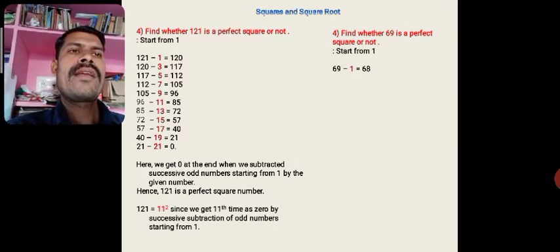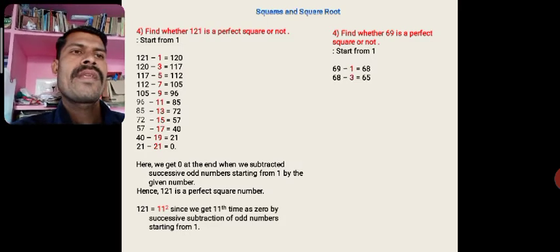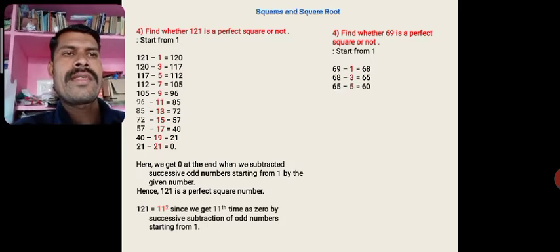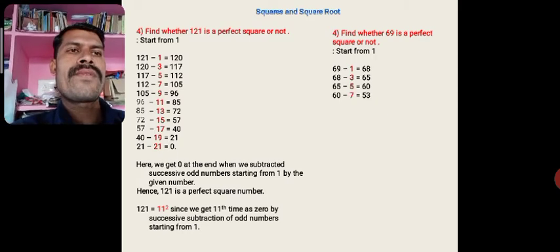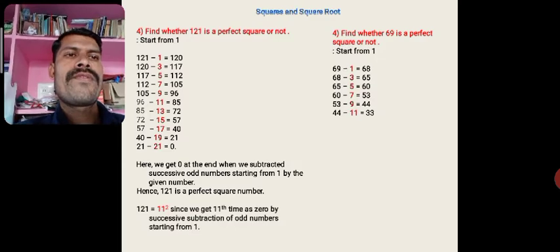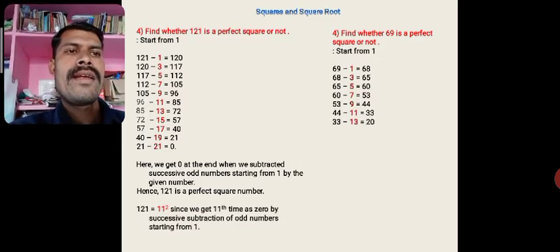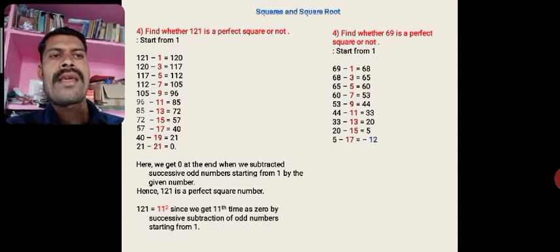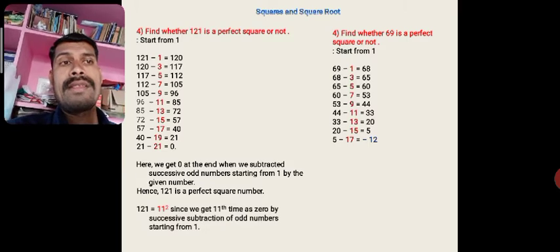So that is 69 minus 1, 68. 68 minus 3, 65. 65 minus 5, 60. 60 minus 7, 53. 53 minus 9 is 44. 44 minus 11 is 33. 33 minus 13, 20. 20 minus 15 is 5. Again 5 minus 17 is equal to minus 12.